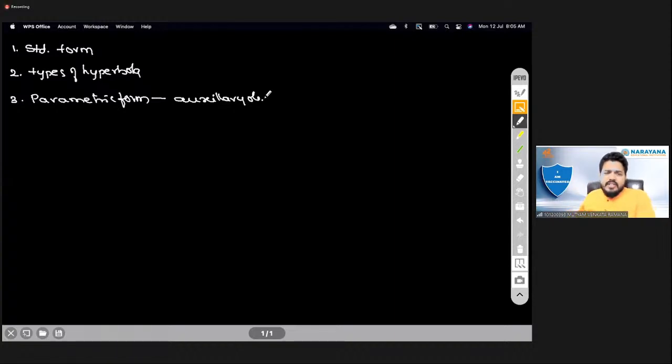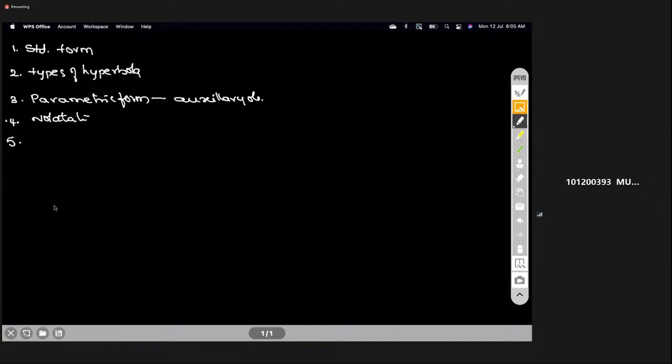I'll give the definition also, even without knowing, giving the tangent equation. The fourth point is notations. The fifth point is chord, tangent, and there itself normal. Next, chord of contact, midpoint.